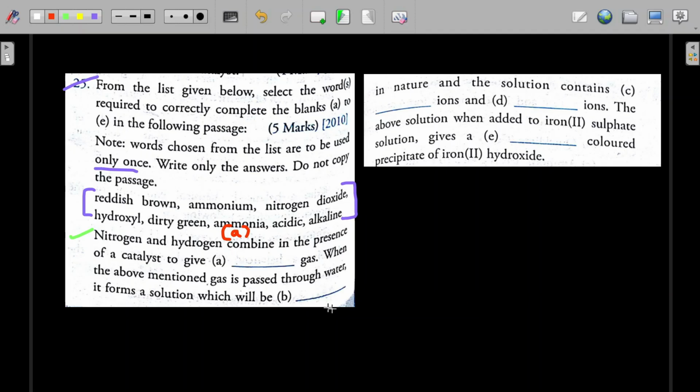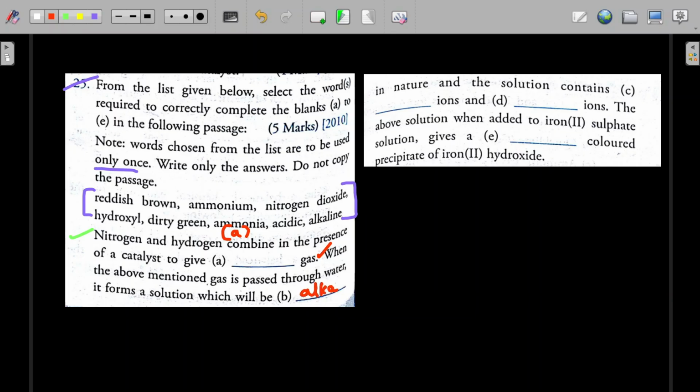Can you read the next point? Yeah, sir. When the above mentioned gas is passed through water, it forms a solution which will be dash in nature, and the solution contains dash ions and dash ions. The solution will be alkaline. Very good.